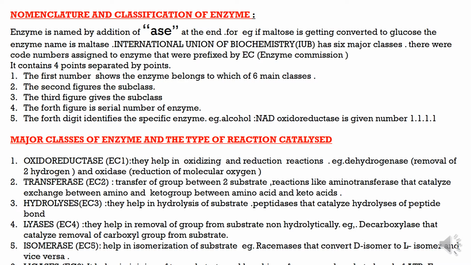The first number shows which of the six main classes the enzyme belongs to. The second figure shows the subclass. The third figure gives the sub-subclass, and the fourth figure gives the serial number of the enzyme. The fourth digit identifies the specific enzyme. Alcohol NAD oxidoreductase is given 1.1.1.1.